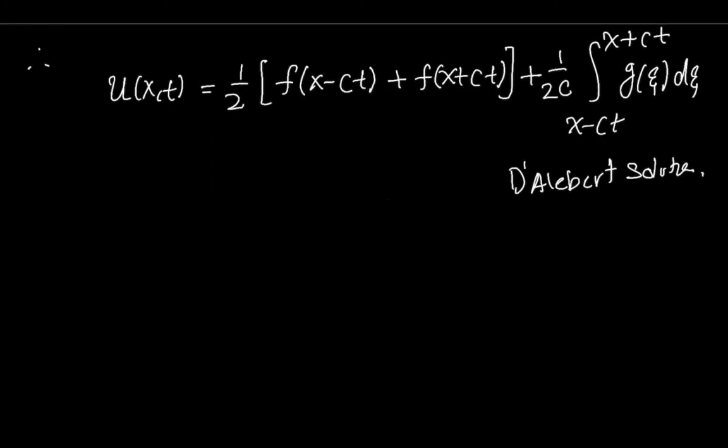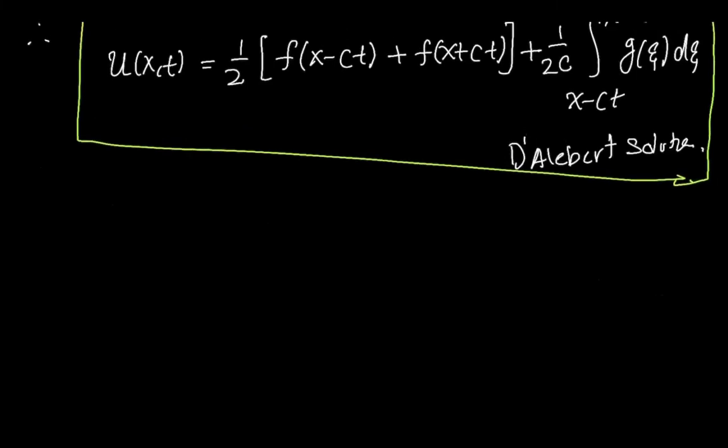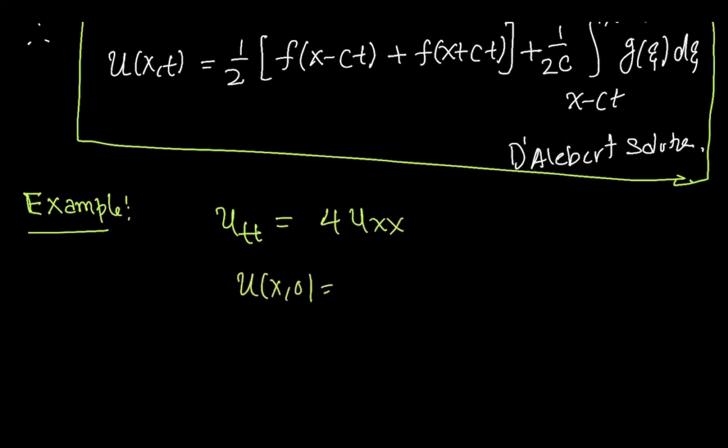So let's do one example. You will see how to use this solution. It's a lot easier actually to use the solution. So let's suppose an example. Let's suppose you have u_tt equal to 4 times u_xx. Therefore, c is equal to 2. u(x,0) is equal to sine x, u_t(x,0) is equal to, let's suppose, cosine x.